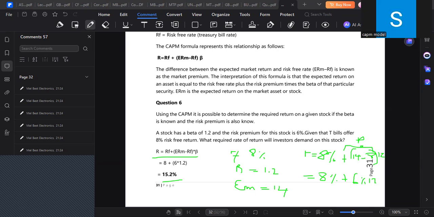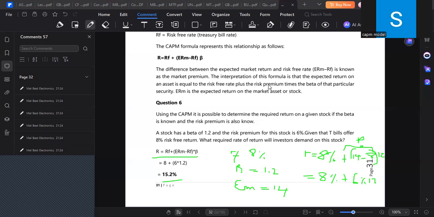So the examiner will sometimes trick you by giving you the risk premium on its own. So the risk premium is the difference between the expected return and RF, and they will sometimes calculate it for you directly.